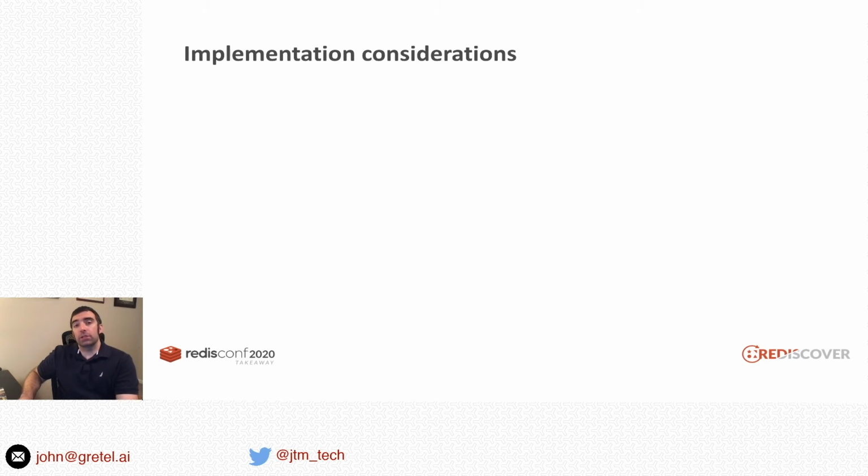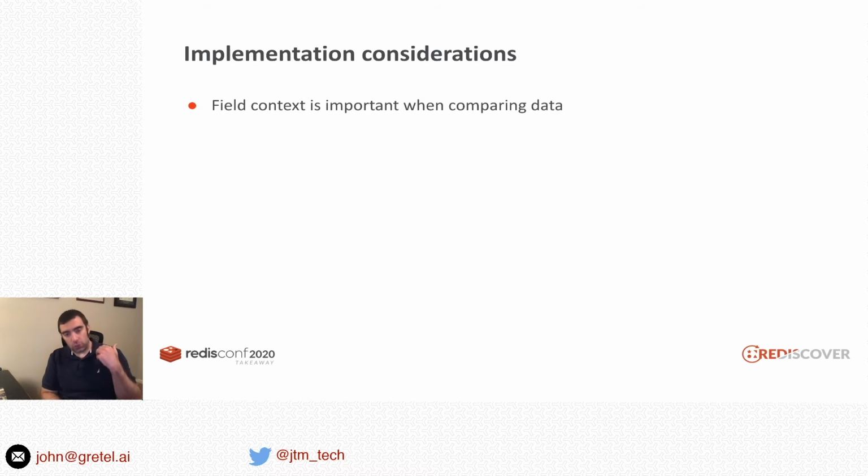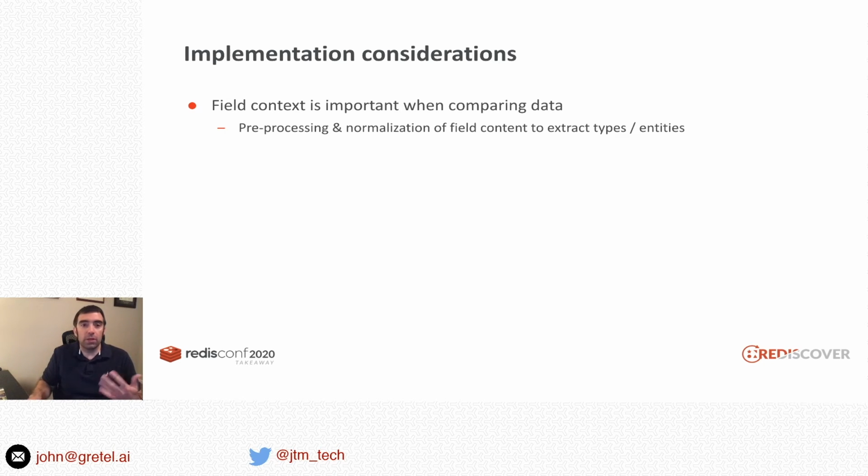So some implementation considerations for the real world based off of this experiment. First, field context is super important when you're comparing data. What I mean by field context is, can you derive some type of information about the field other than the value itself?